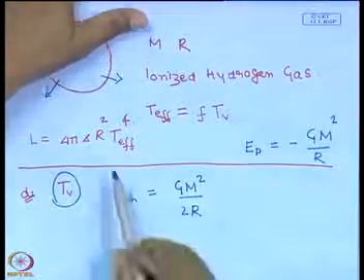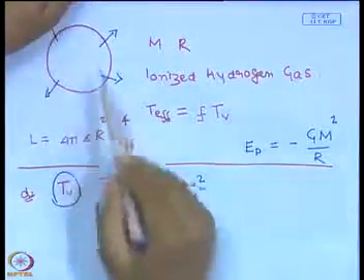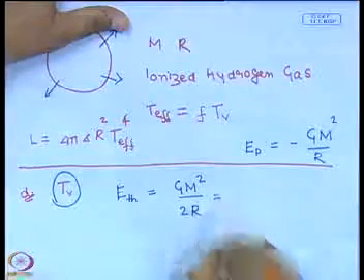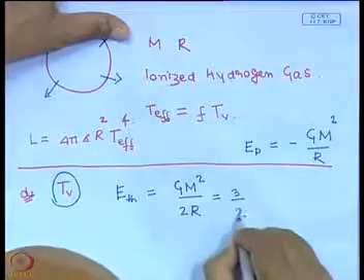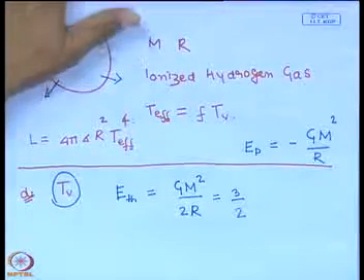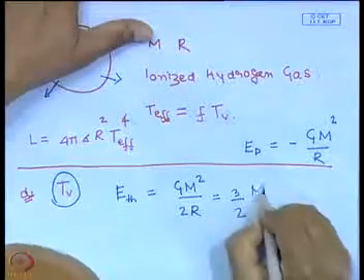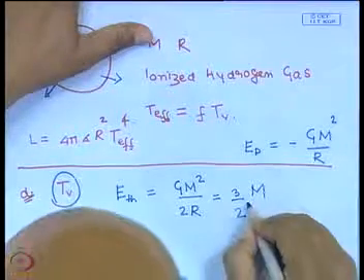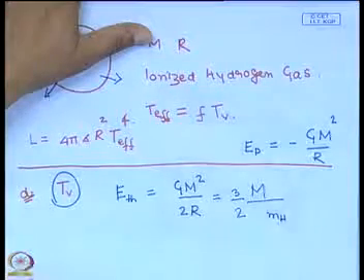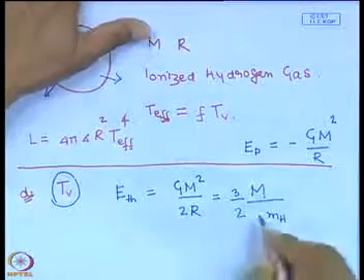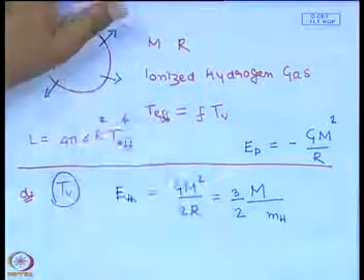And this is an ideal gas, ionized hydrogen. So, we know for an ideal gas the thermal energy is 3 by 2 into the number of particles. The number of particles is the total mass of the object M divided by the mass of the hydrogen atom m H, and there is also the mean atomic mass that you have to take into account.